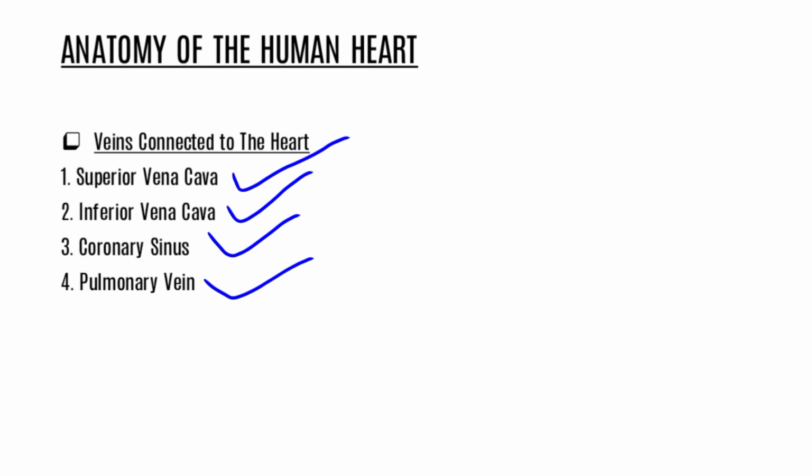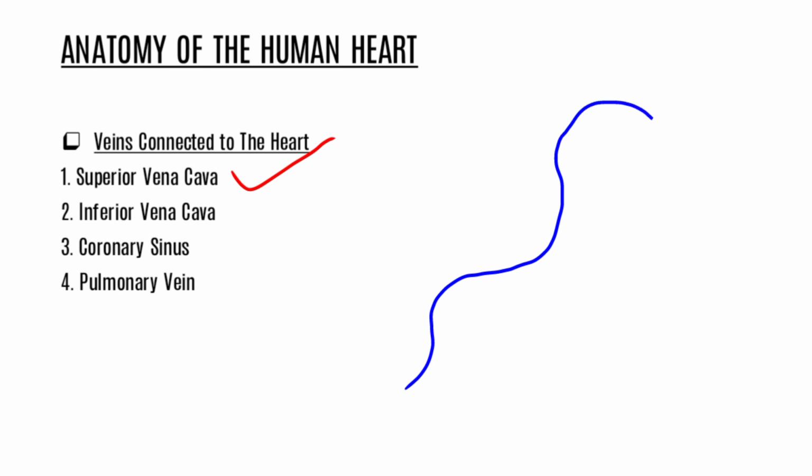Now, the superior vena cava. I'm talking about the first one on the list here. It receives deoxygenated blood from the superior part of the body. Now, when I talk about the superior part of the body, let's draw a simple structure of the human body. Let's say the human body is something like this.